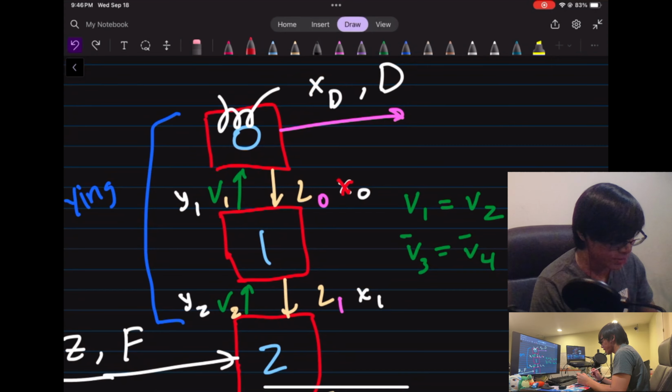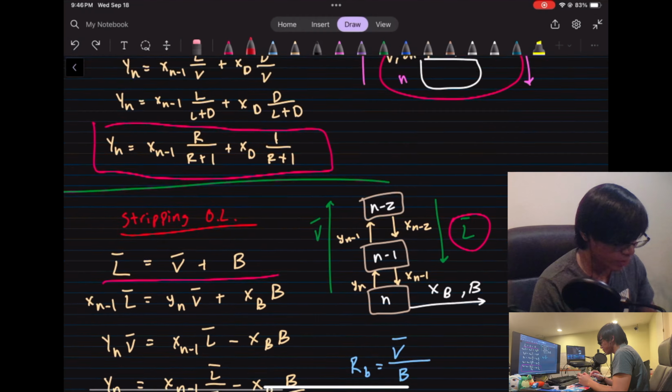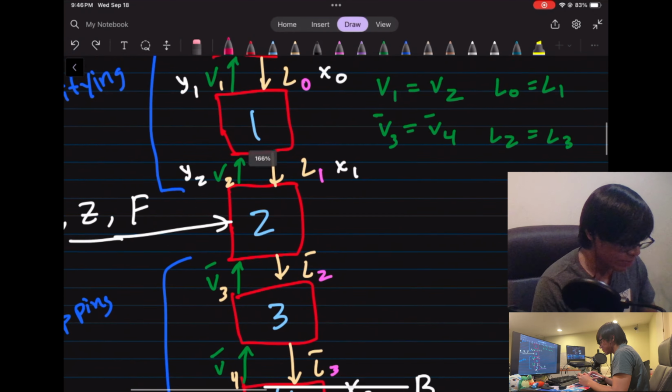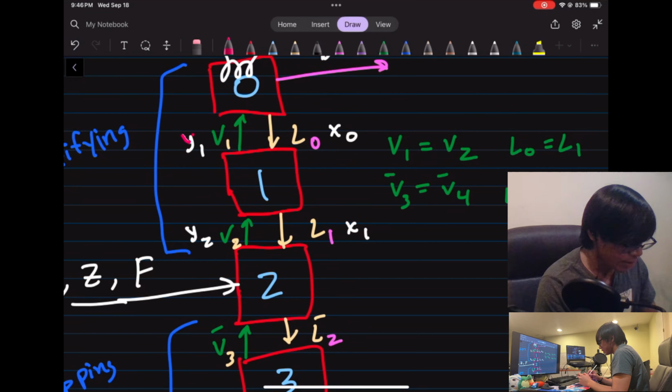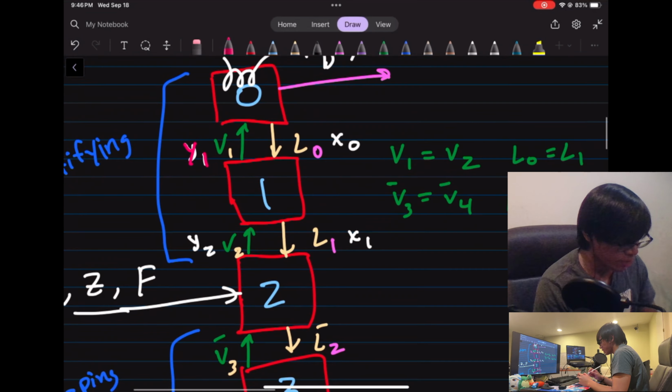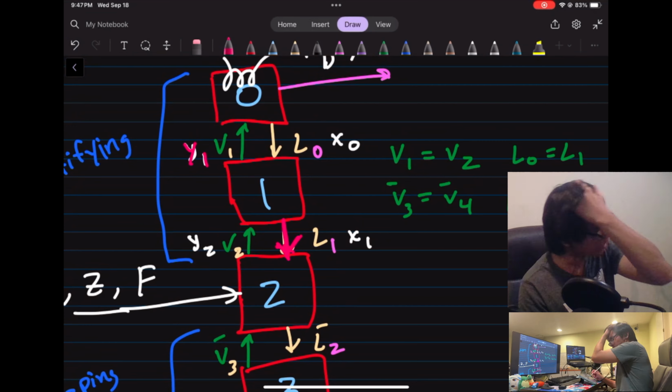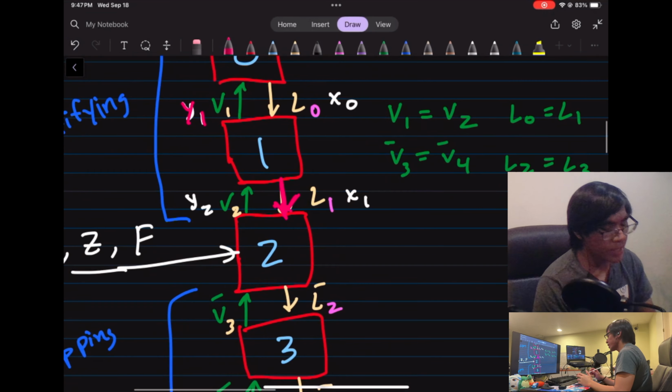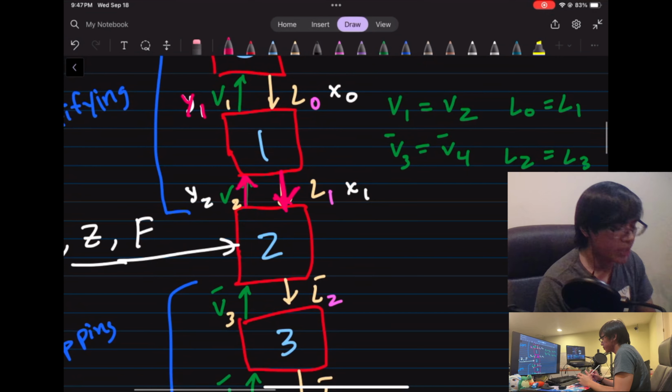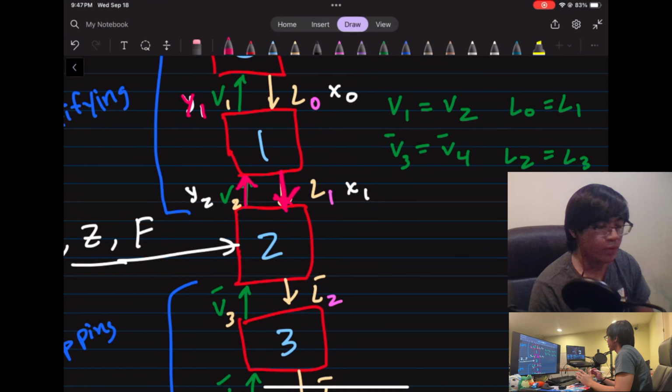And because of that condition, we were able to say that y1 was equal to xd. And now that we had a y1, we can get this liquid molar fraction coming down from stage 1. And again, now we have a passing stream here. Now we can relate x1 and y2.